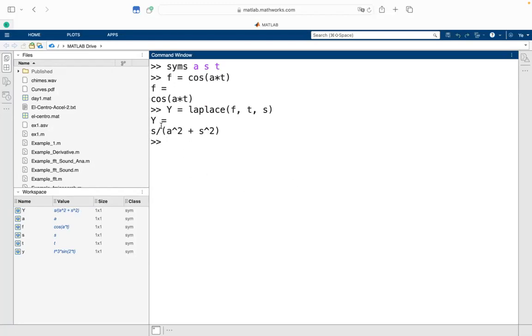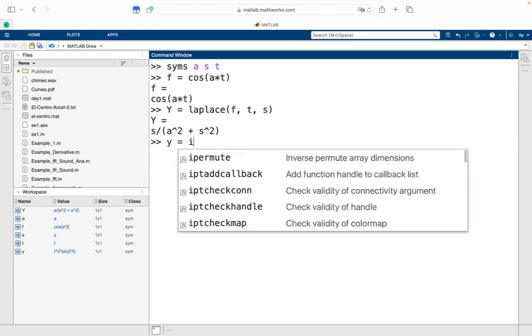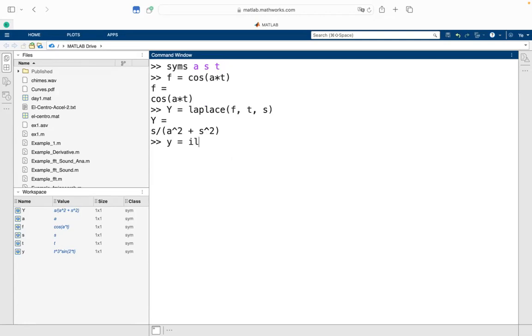So s over s squared plus a squared is the same as the result in the table. Then convert back from the s domain to the time domain.